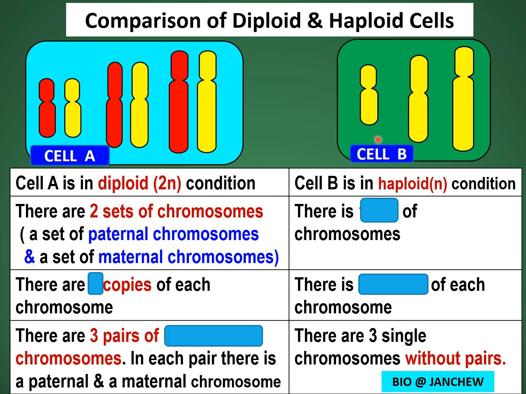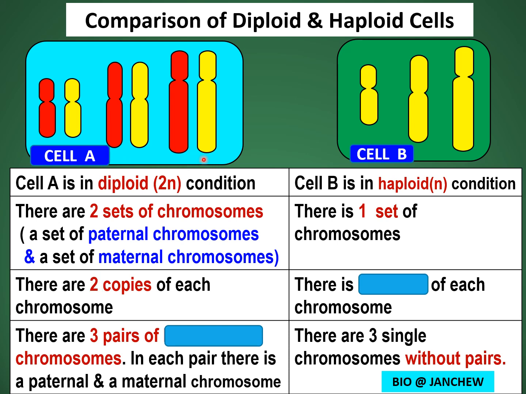But in diagram B, how many sets of chromosomes are there? Only one set, because one set comprises one short chromosome, one medium-sized chromosome, and one long chromosome. Now, how many copies of each chromosome are there in cell A? Two, correct?